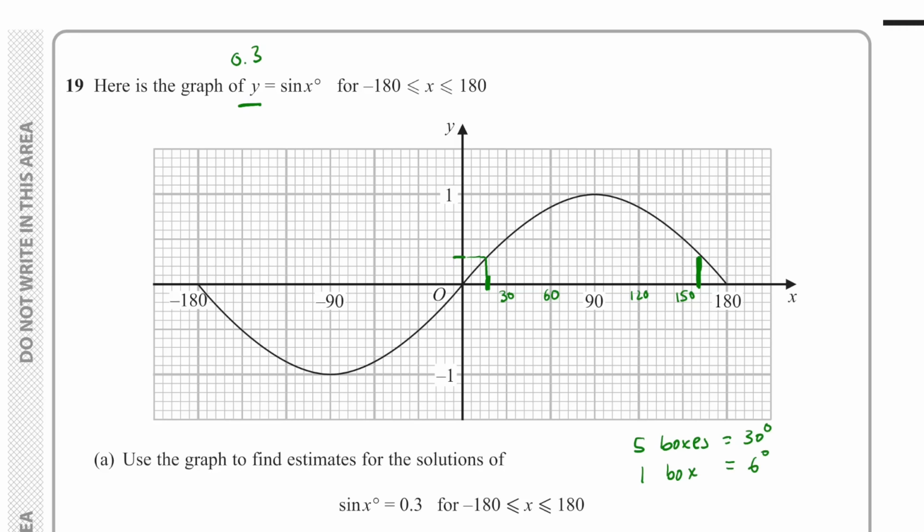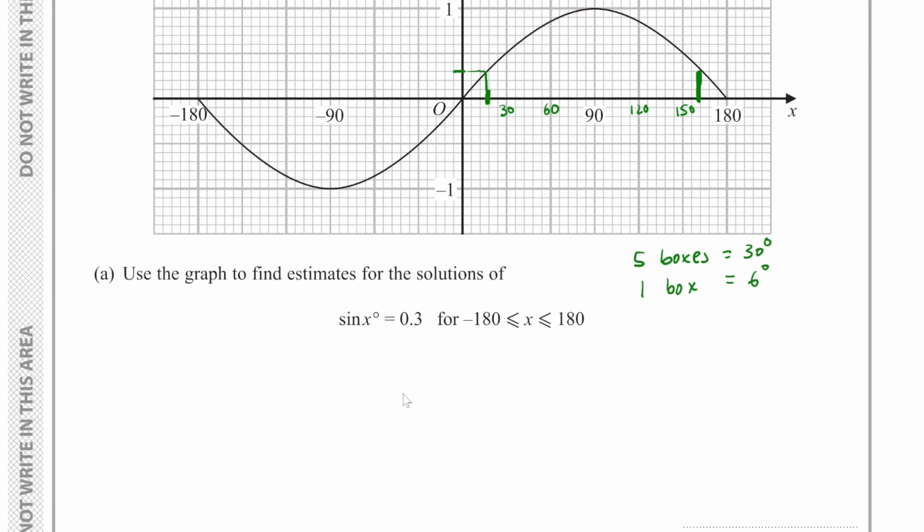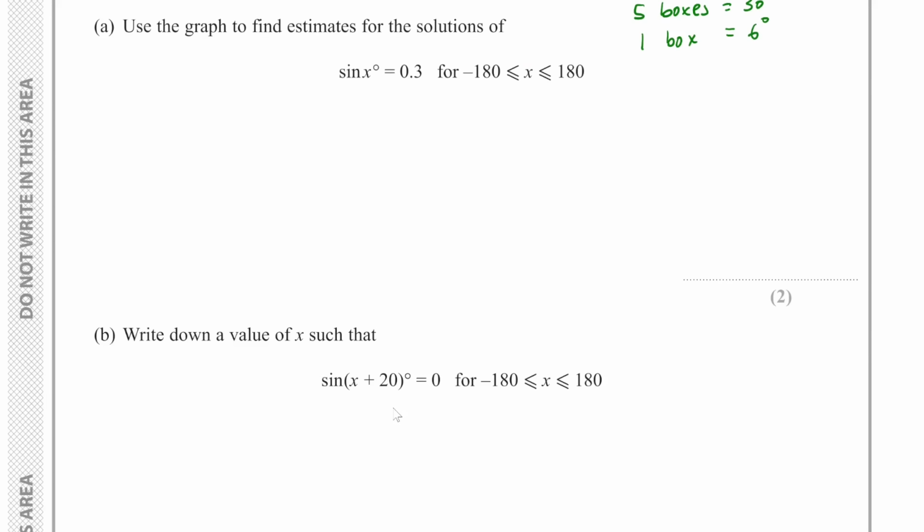So I've got something like 18 degrees. That's my first one. And 162 degrees as my second one. So it looks like I've got 18 degrees and 162 degrees. So they are my answers.